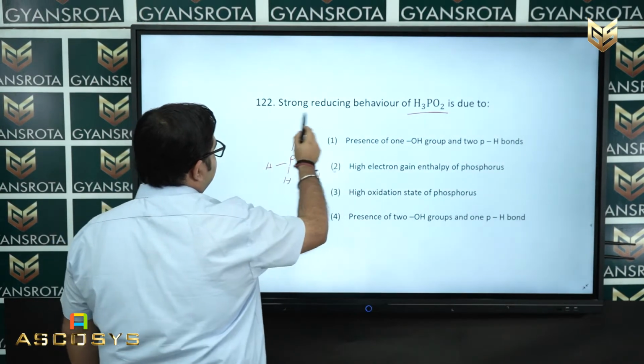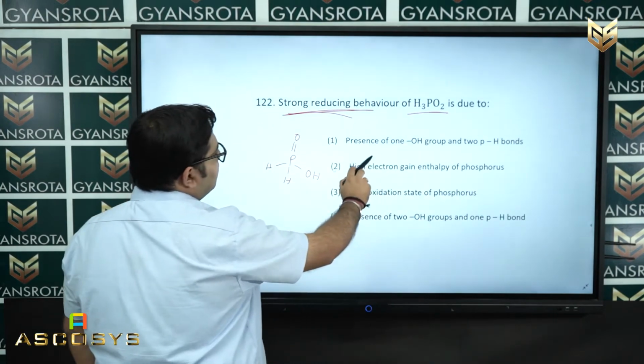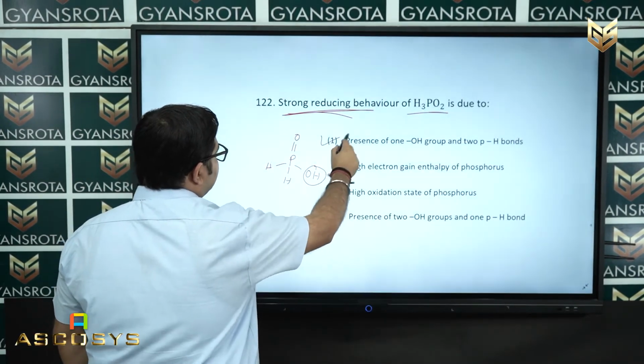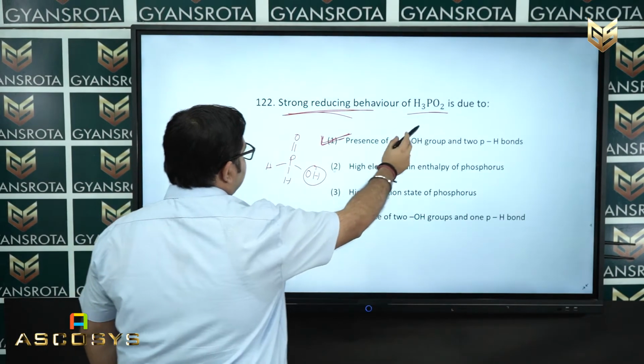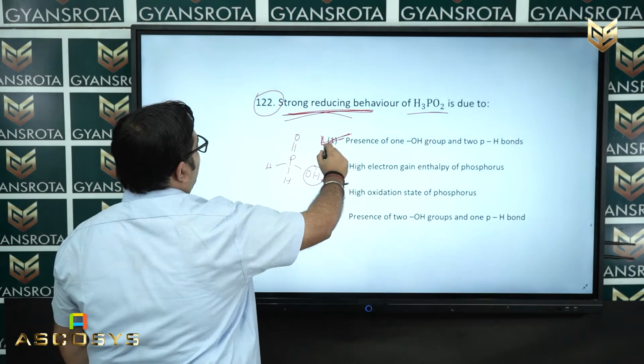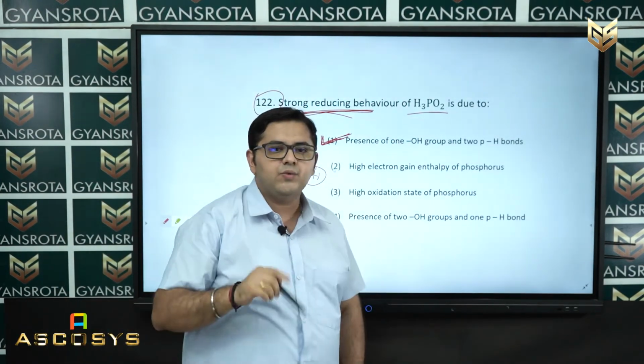Now see why the reducing behavior. The presence of one OH group and two P-H bonds is the reason that H3PO2 has strong reducing behavior. So, option number 1 is the correct answer to question number 122.